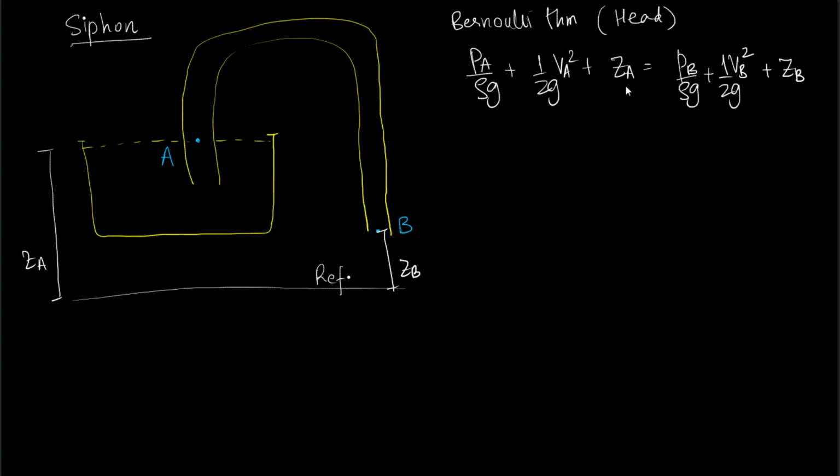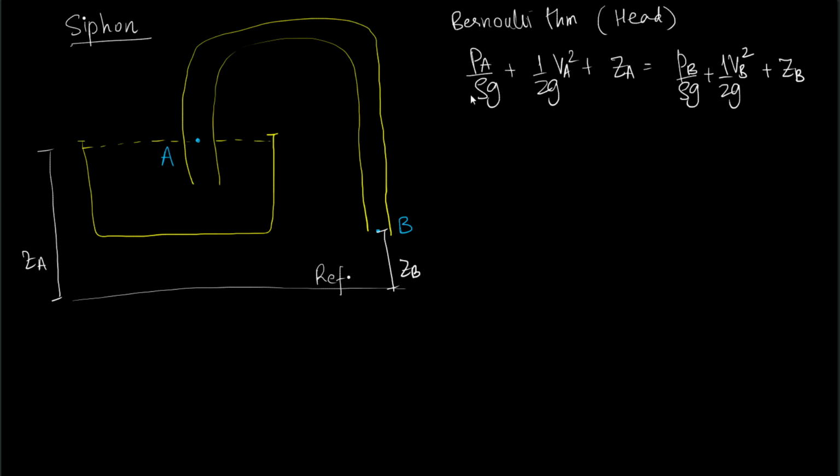So the head form is when the dimensions of all the terms in the Bernoulli equation are that of height or head. Often when you purchase pumps, the head of the pump will be given, that is the maximum height the pump can pump water to at zero flow rate. That is, it is the height at which fluid will just be able to come out of the pump, of the tube attached to the pump.